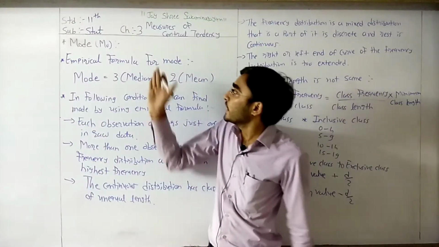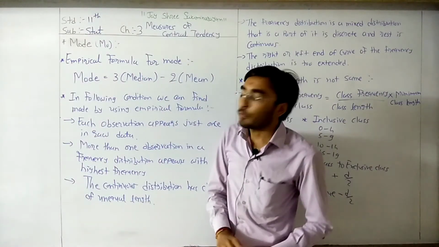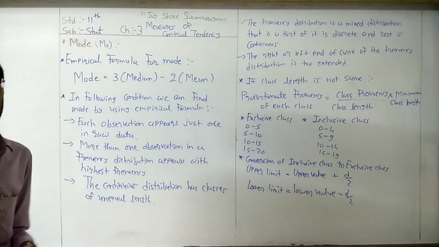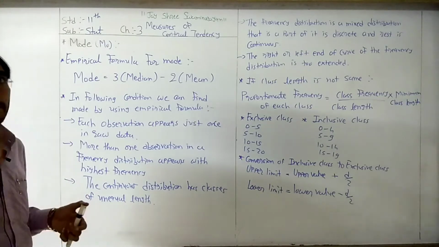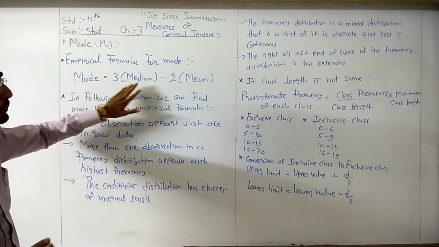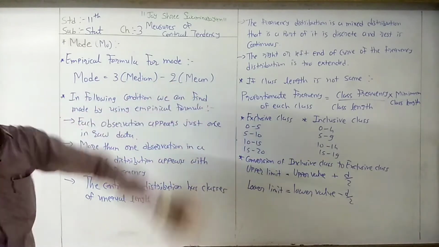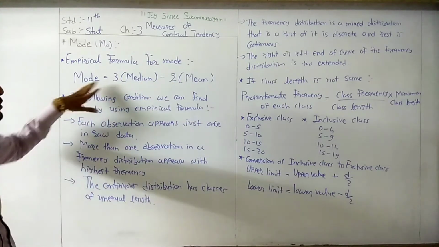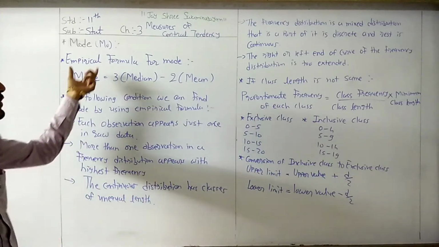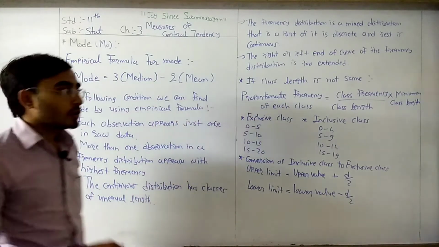Then, the empirical formula for mode. We have one more formula for finding the mode from mean and median. Mode is equal to 3 times median minus 2 times mean. This is the empirical formula for mode.